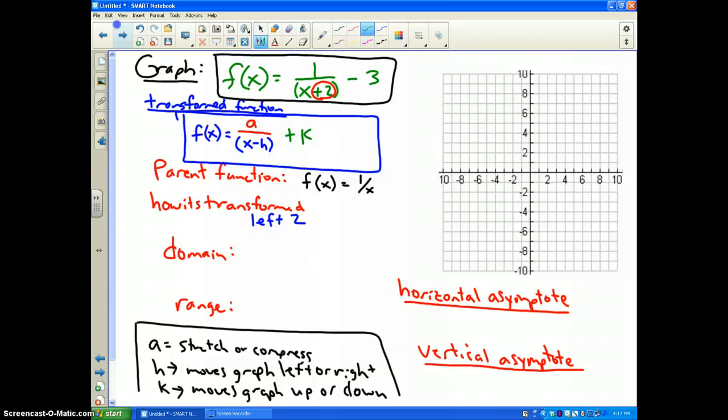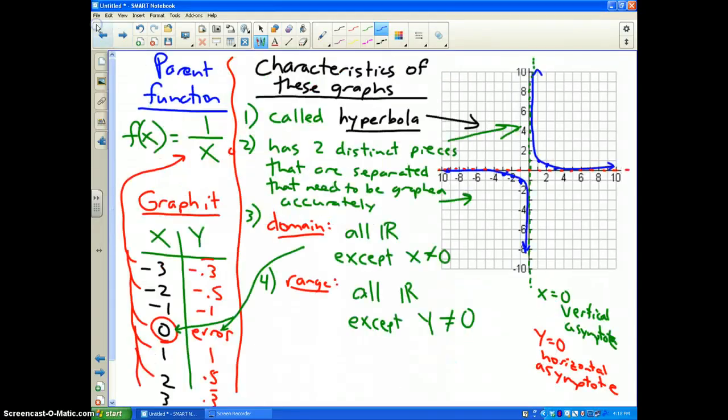And we also have a minus 3 in the k spot, which means our graph is going to go down 3. Now I'm going to go back for a second. The graph I have right here is going to go left 2 and down 3.